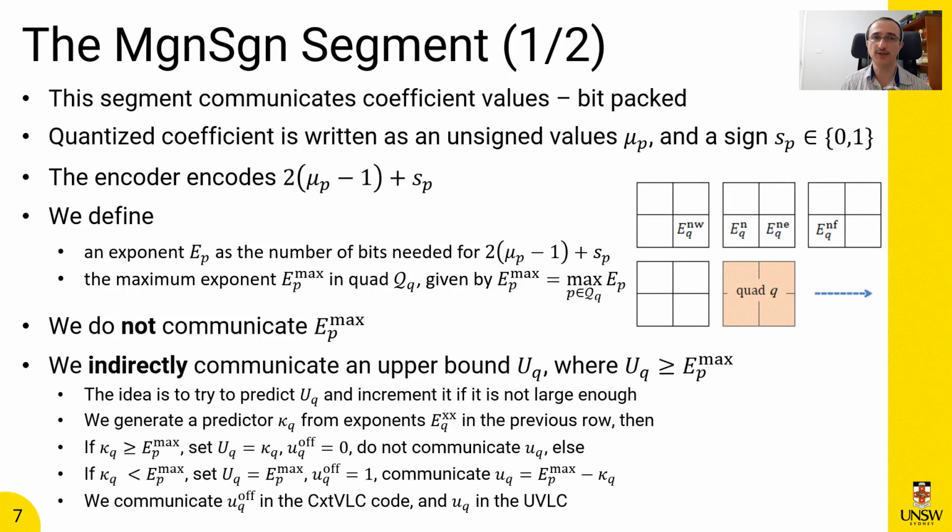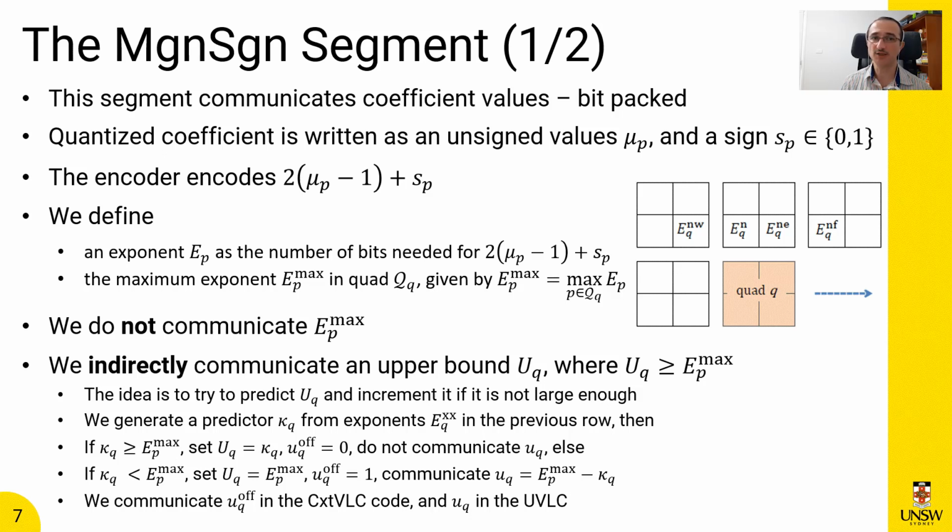We do not communicate Emax, but we indirectly communicate an upper bound capital U, which is larger or equal to Emax. The idea here is to predict capital U and increment it if it is not large enough. This involves generating a predictor kappa from exponents in the previous row, as shown in the figure.